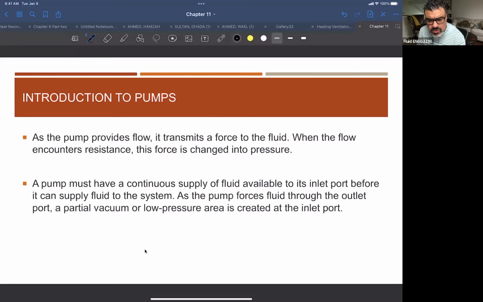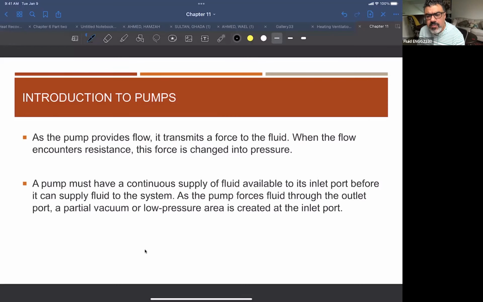So the volume flow rate coming in is equal to the volume flow rate going out. But in general, for any pump system or a compressor system, the mass flow rate coming in is equal to the mass flow rate going out.